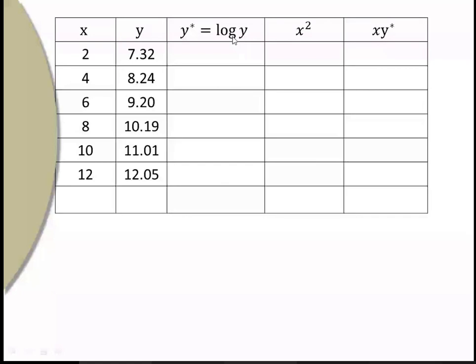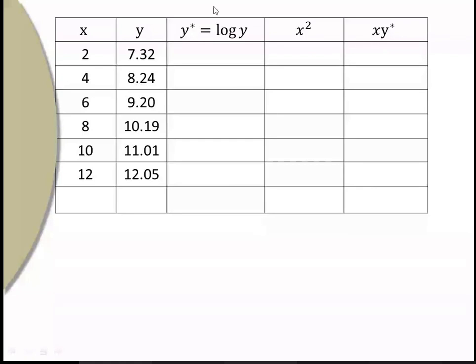And while taking antilog of ln, we take e raised to x. This log is a log to the base 10, and ln is a log to the base e. So while taking antilog of this log term, we take 10 raised to x, and while taking antilog of the ln function, we take e raised to x. So that care we have to take. Otherwise, it is regular calculation.